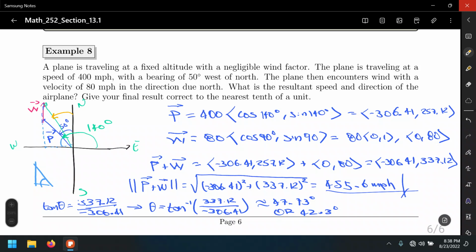The one in yellow is the 42.3 from the y-axis to where the resultant vector is, and this 47.73 would be this angle right here. So it depends. Just be careful with the wording. You may be asked for one or both.